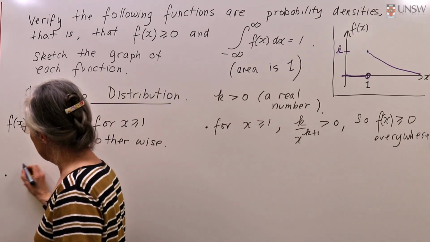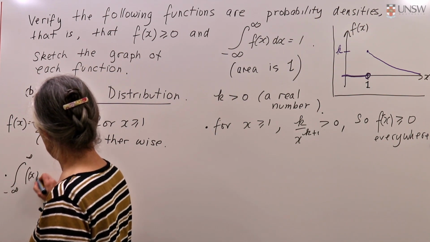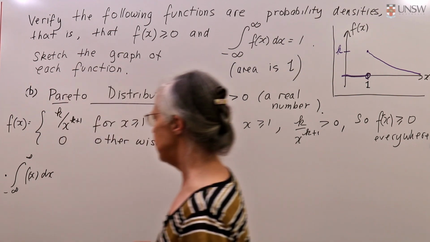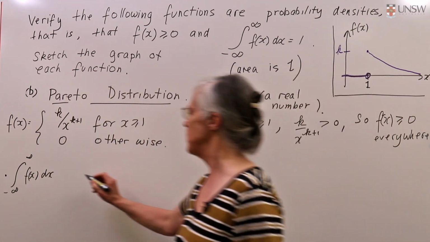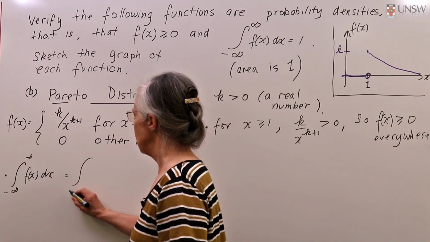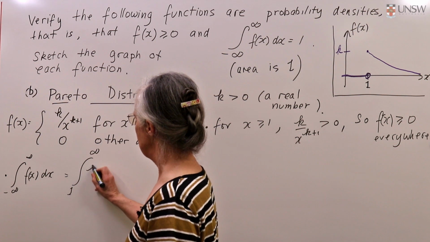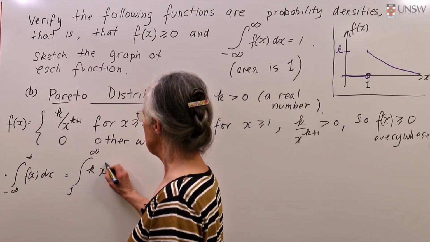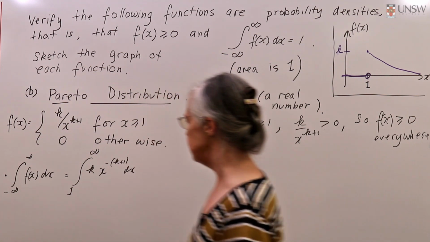So finally, we need to integrate this. Well, our density function is 0 up to 1, so that's just the integral from 1 to infinity of this function, k x to the minus (k plus 1) dx.